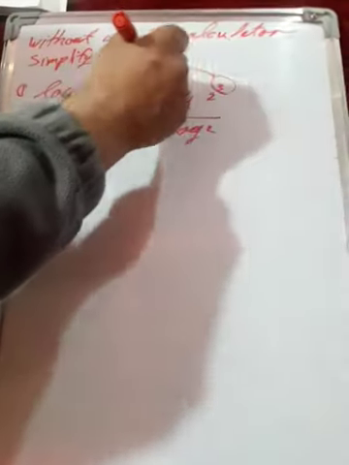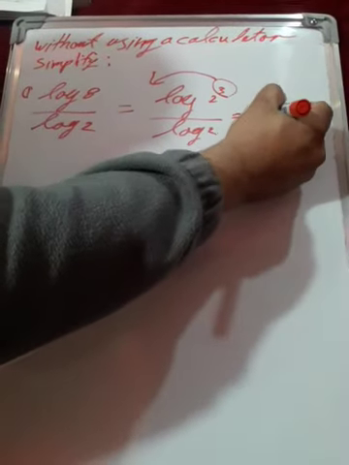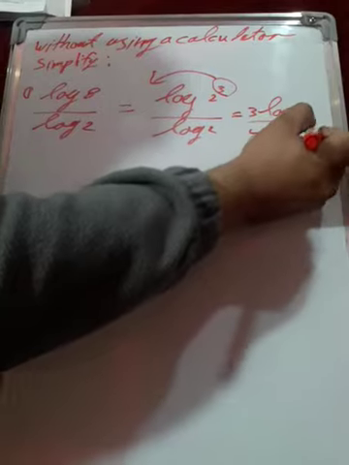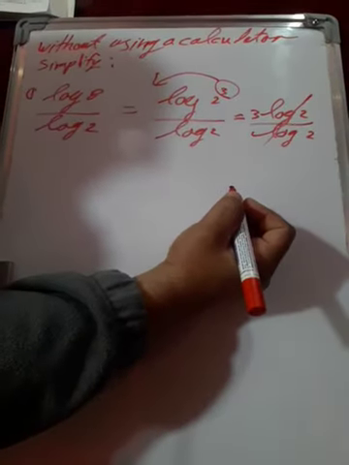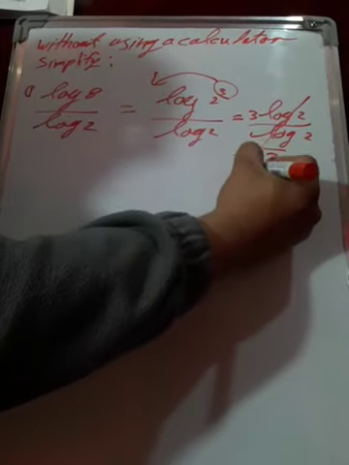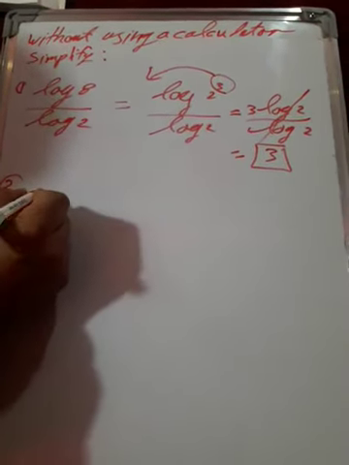This exponent I can put outside. So I'll get 3 logarithm 2 over logarithm 2. Then I can cancel those terms with each other and I'll get 3.